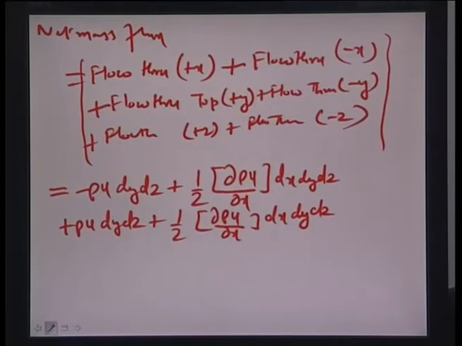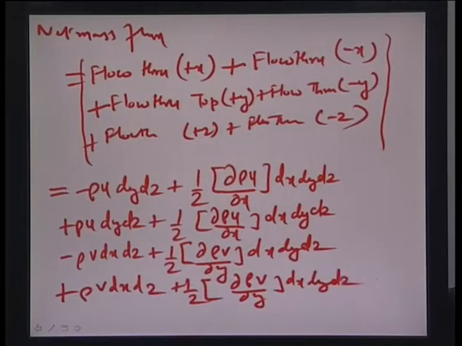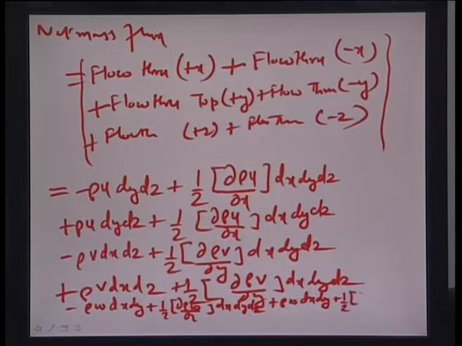So, for the minus y direction we have minus rho v dx dz plus half of del rho v by del y times of dx dy dz plus rho v dx dz plus half of del rho v by del y times of dx dy dz, and similarly for the z direction you have rho w dx dy plus half del rho w by del z times of dx dy dz plus rho w dx dy plus half of del rho w by del z times of dx dy dz.